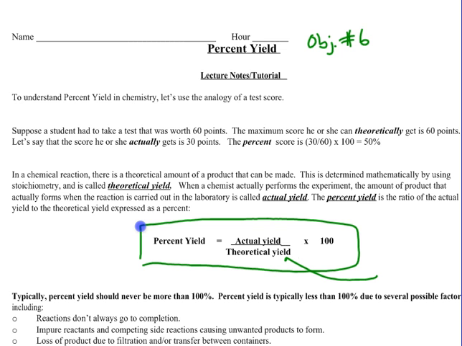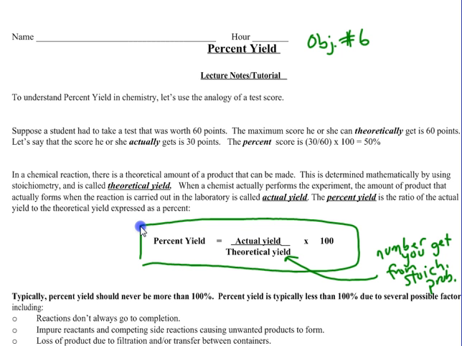Now, the theoretical yield is the answer that you got when you did stoichiometry problems and you determined the grams of product. That's your theoretical yield. So this is the number you get from a stoichiometric problem.